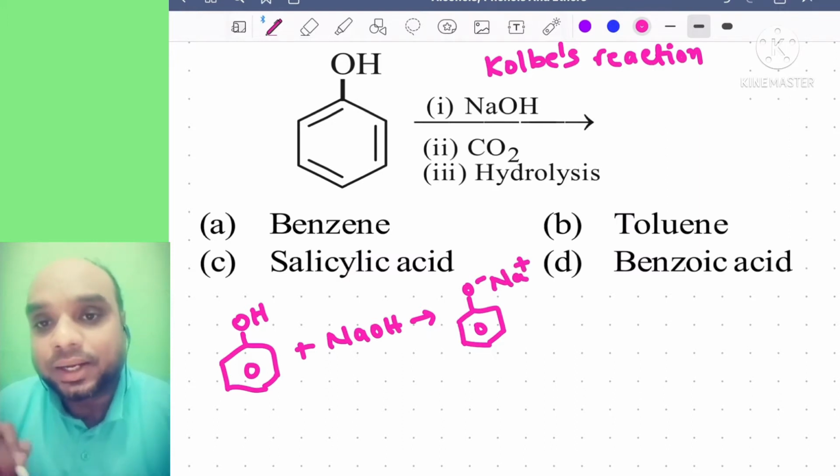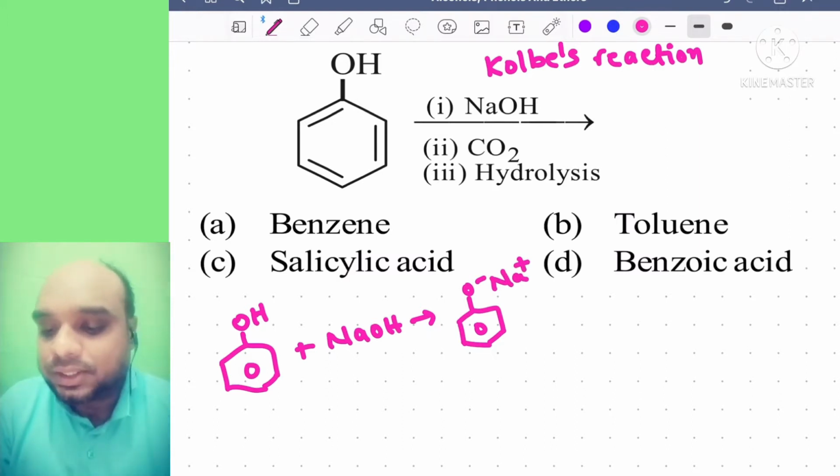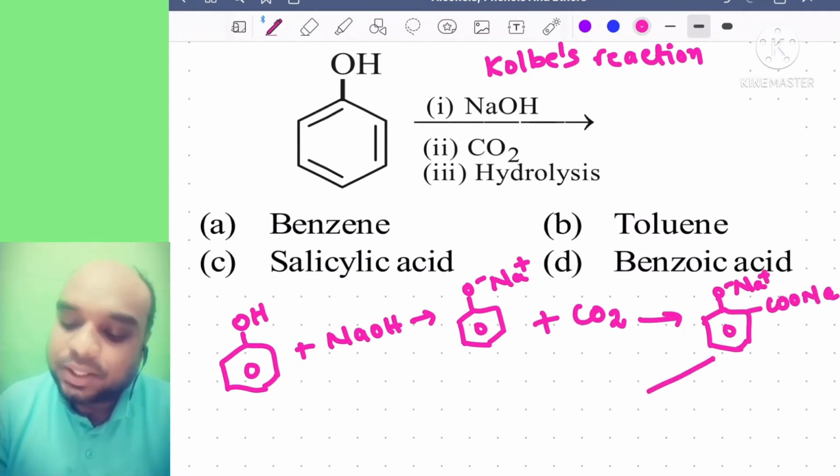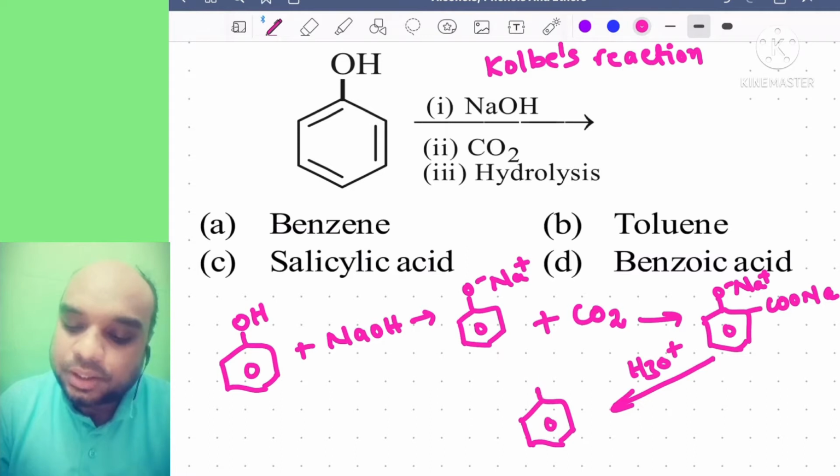When this reacts with carbon dioxide, we get COONa at the ortho position. And when this substance undergoes acid hydrolysis, you get OH and COOH, like that.